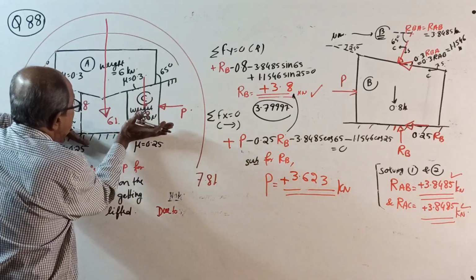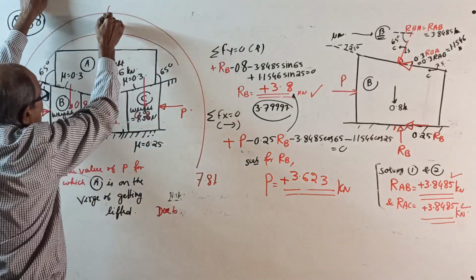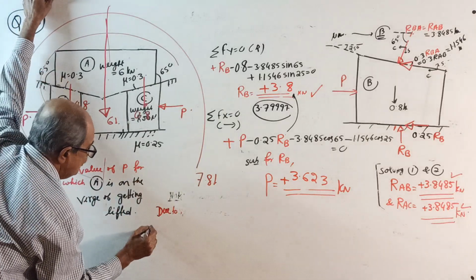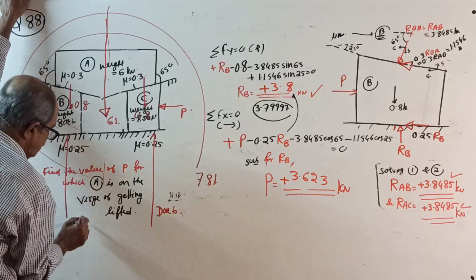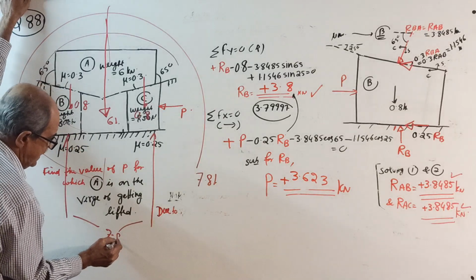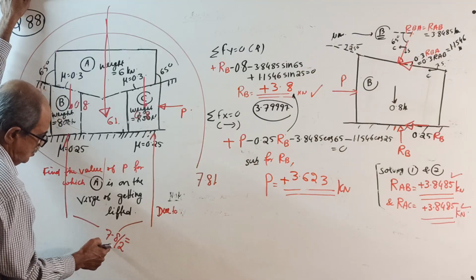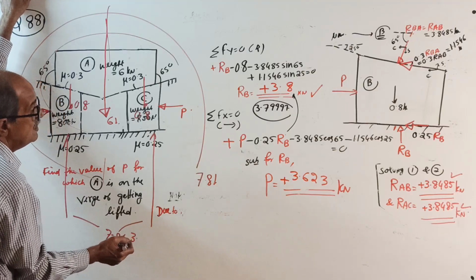See, it is symmetrical here. Since the total load is 7.6 kilonewton, for equilibrium, this reaction and this reaction each should be 7.6 divided by 2.